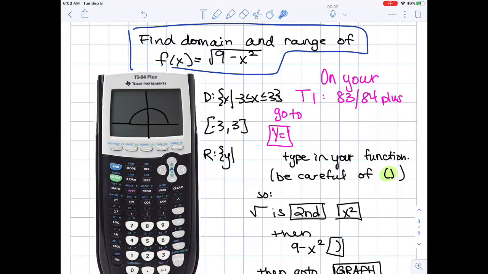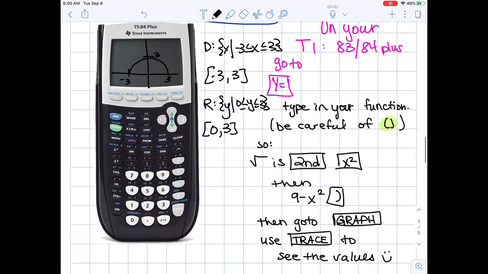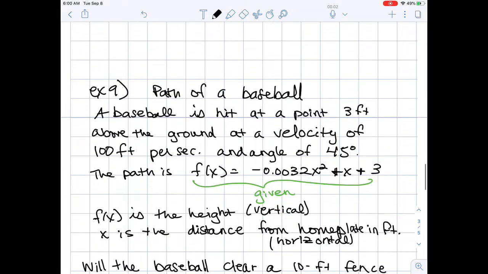So it stops at 0 and it goes as high as 3. Okay? So when it does that, we say it goes from 0 to 3. That's in set notation. And for interval notation, it starts at 0 and ends at 3. Interval notation is always a little bit more straightforward, easier, quicker to do.